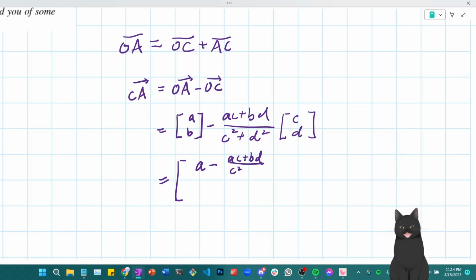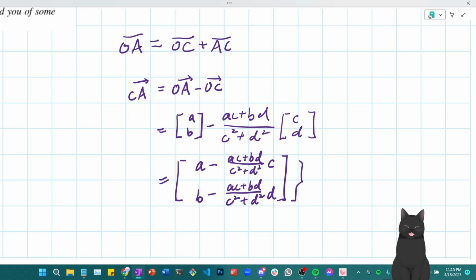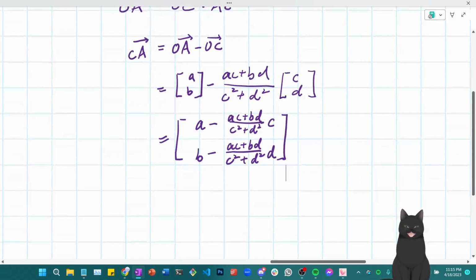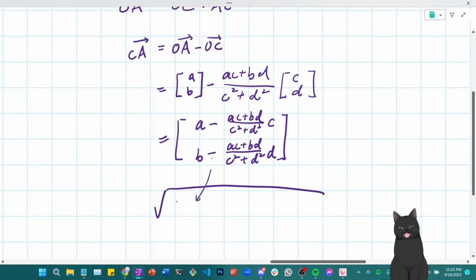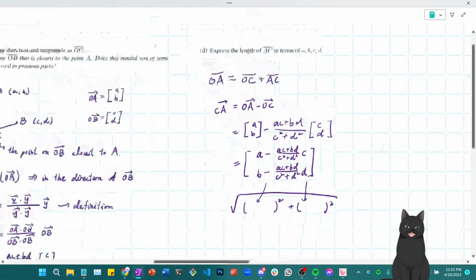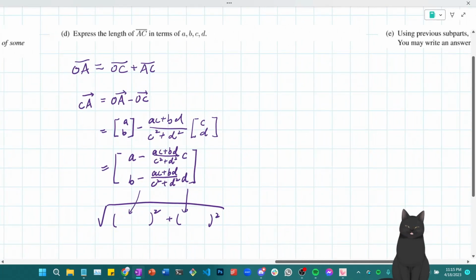That is just summing the two vectors together. Normally people would not want you to express the length of this vector directly. That is pretty insane. So we'll stop at the expression of CA. If you wonder about the length of this vector, it is just the square root of the sum of squares of the components. And for video length reasons, I will not be expanding the notation.